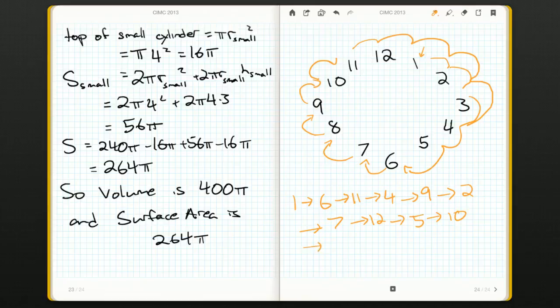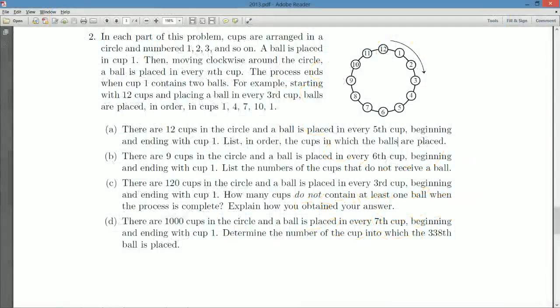1, 2, 3, 4, 5. We're down to 3. Then that'll go to 8. And then from 8, we go 1, 2, 3, 4, 5, all the way back to 1. So I believe the question said we stop at 1. List in order the cups in which the balls are placed, so it's beginning and ending with cup 1.